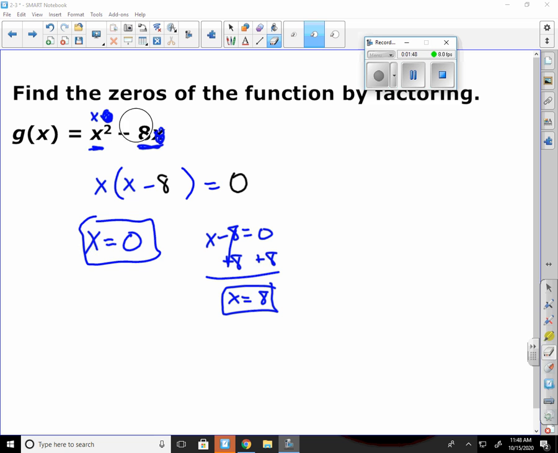If I plug these back into the original problem, 0 squared is 0, minus 8 times 0, which is 0. That gives me 0. Exactly what I wanted.